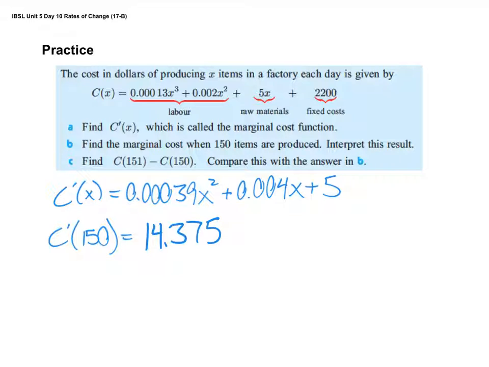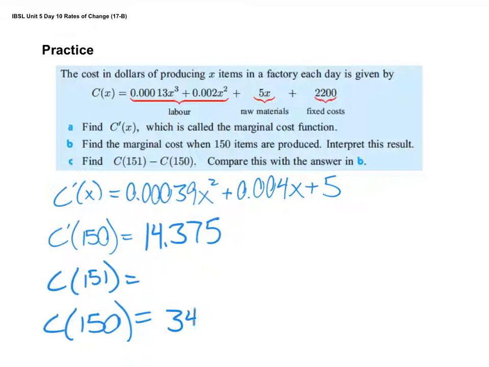So if I find C of 151, someone could figure that out. C of 151 and C of 150. Okay, for 150 we get 3433.75. Has anyone gotten the 151 yet?